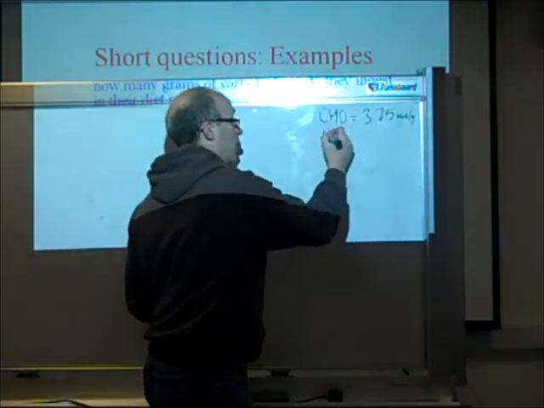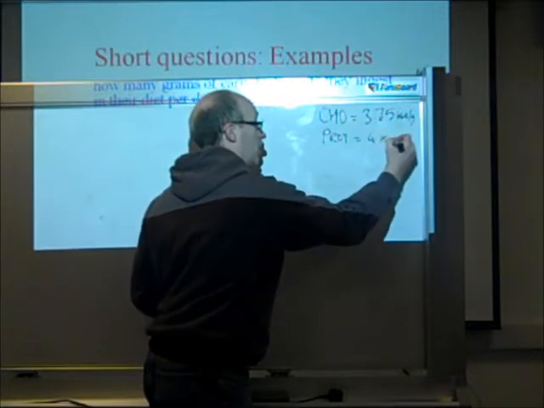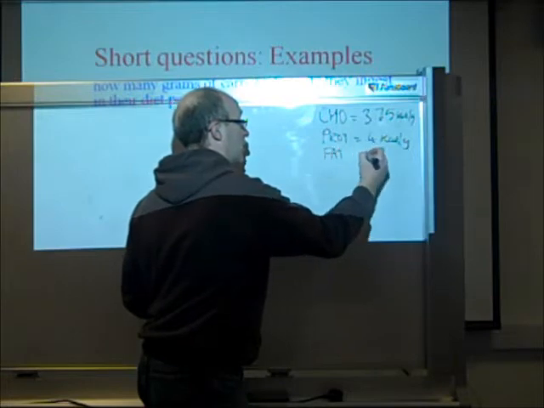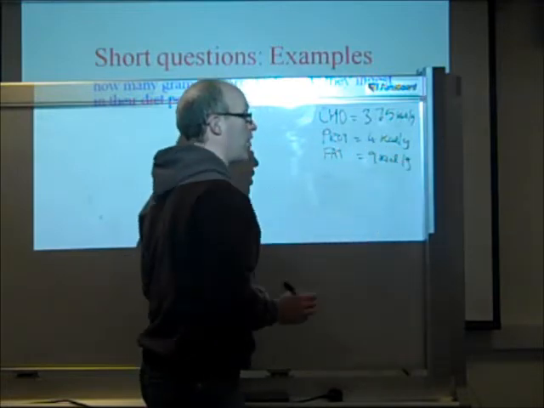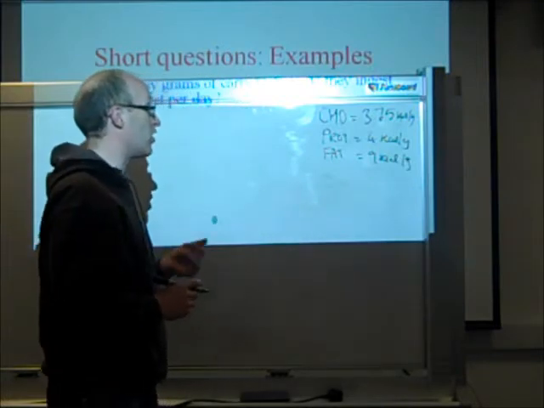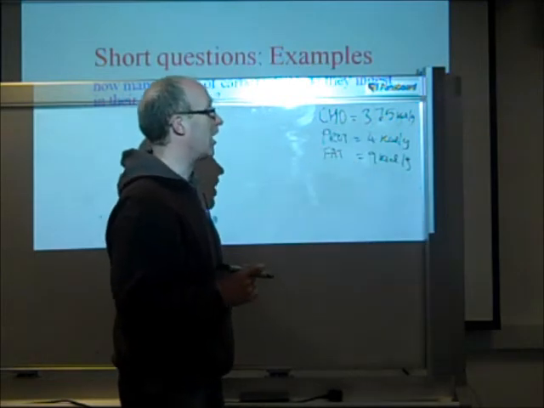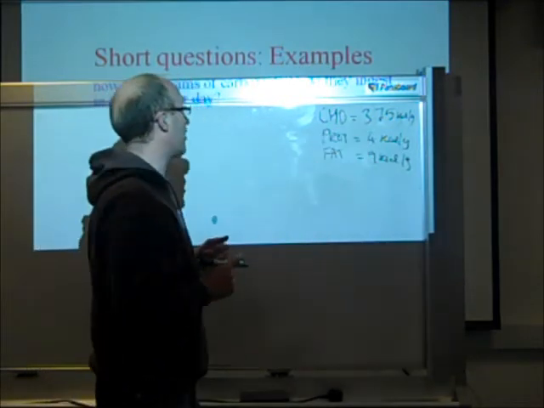If it's protein, it's equal to 4 kilocalories per gram. If it's fat, it's 9 kilocalories per gram. You can use kilocalories or kilojoules in your answers. It's only a small difference if you use 4 calories per gram for carbs, where 3.75 is the actual amount.